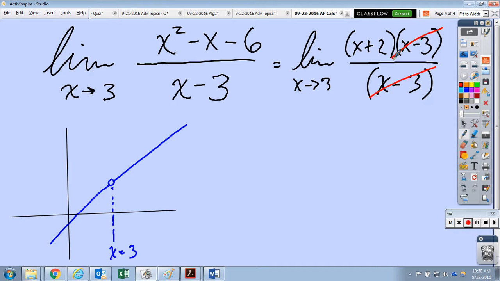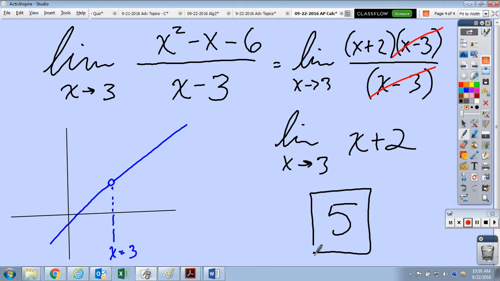So finding the limit as x approaches 3 of this is the same thing as finding the limit as x approaches 3 of just x plus 2. So it's 5. Yes, this would be equal to 5.